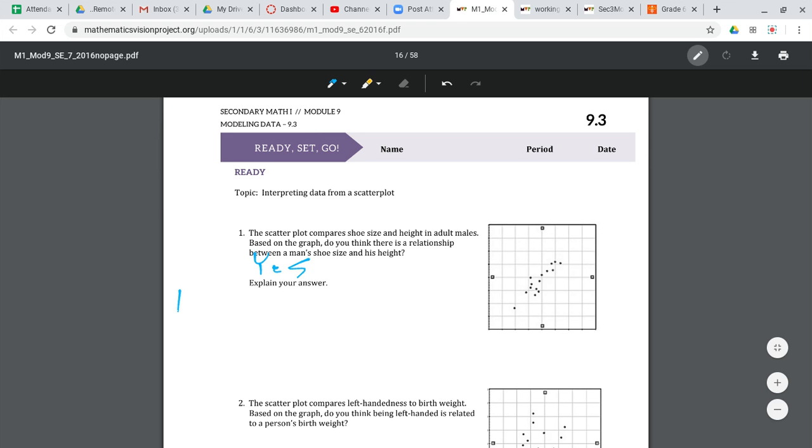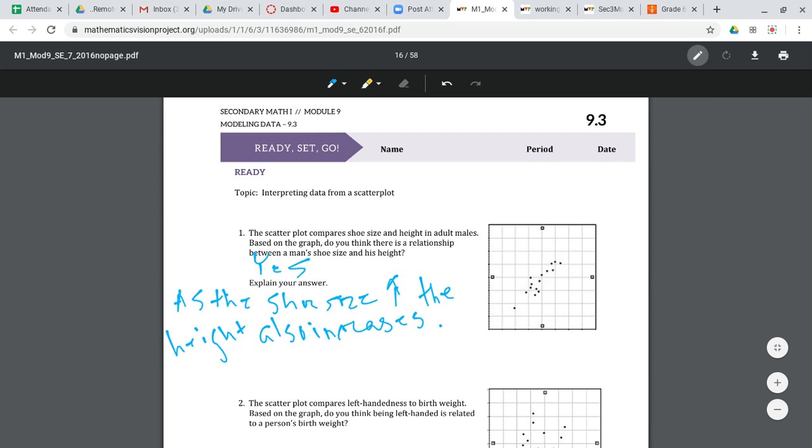So as the shoe size increases, the height also increases.